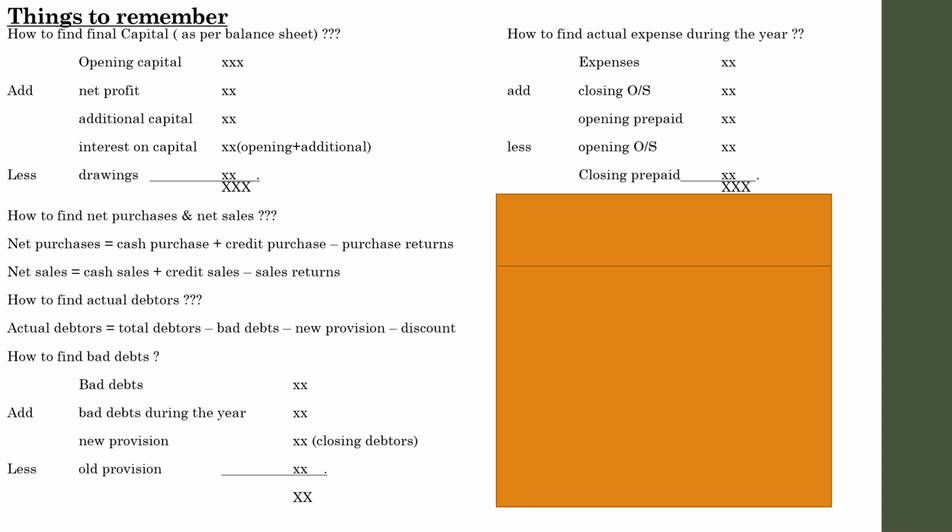So in the question, you may come across adjustments where you will be given details of outstanding expenses, or prepaid expenses, or both cases. Most likely you will be given any one case, either a case of outstanding or a case of prepaid. So I am showing all the items in one single format itself.